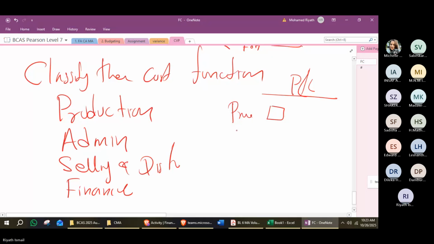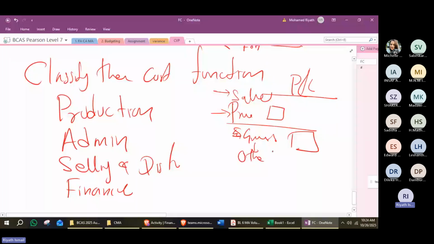After that, sales. So sales minus production cost equals what, Imran? Sales minus production cost, gross profit. And from the gross profit, we add other income, then we deduct admin cost, selling and distribution cost, and finance cost.